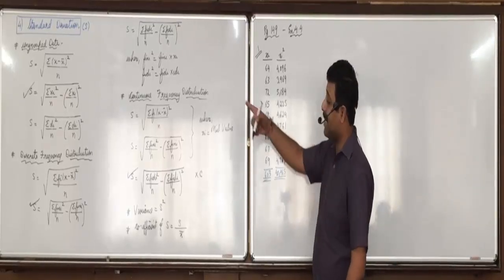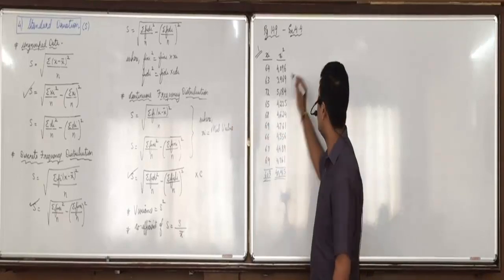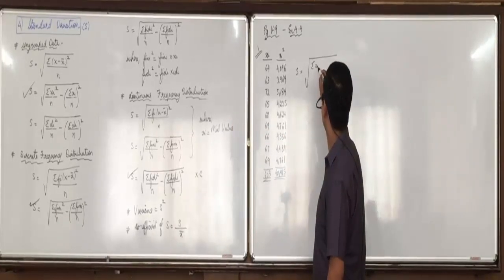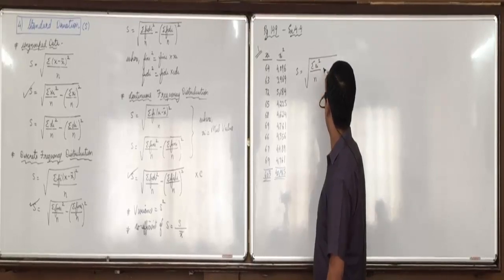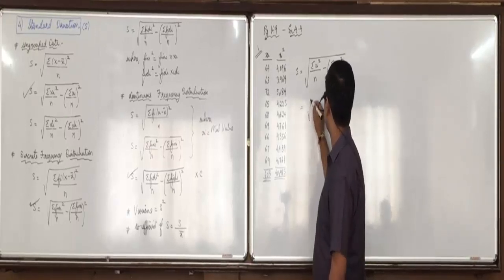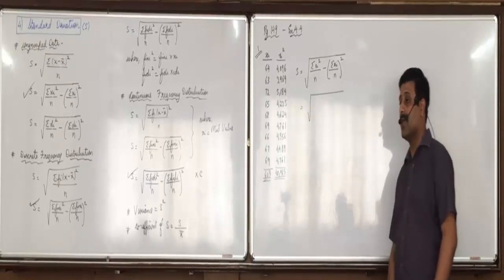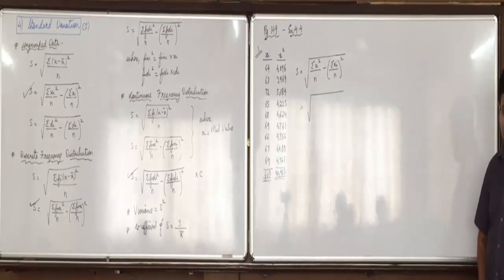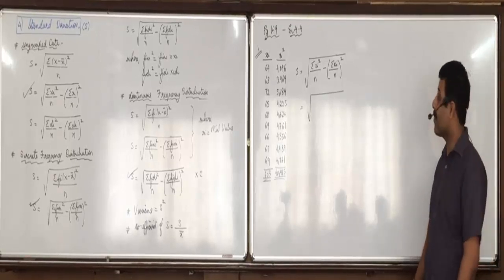Now, standard deviation we have to find by that second formula. Write down square root of sigma xi square upon n minus sigma xi upon n whole square. Now listen to its application carefully.